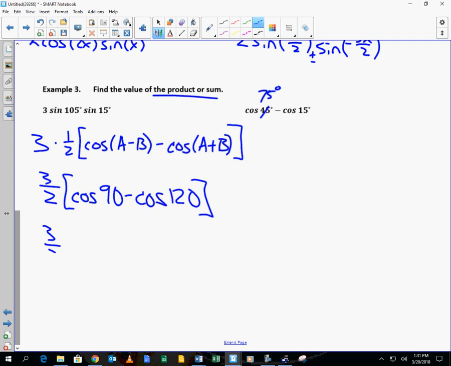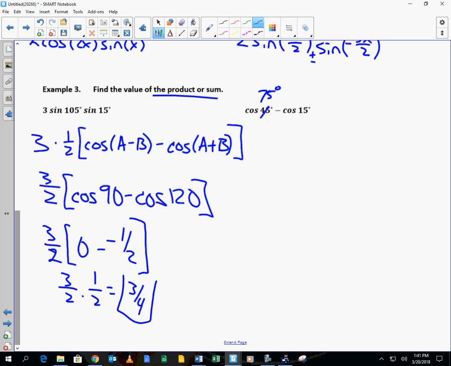Very good. -1/2. So you get 3/2 times 1/2, which is 3/4. Turns out that's the exact value. If you take your calculator and type that out, you probably do come out with exactly 3/4. You're going to need to show your work on the test if that comes up.